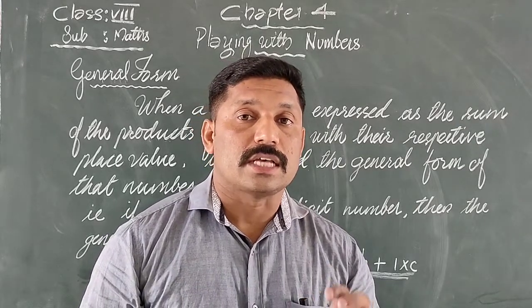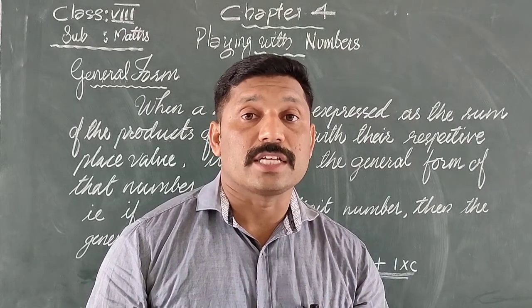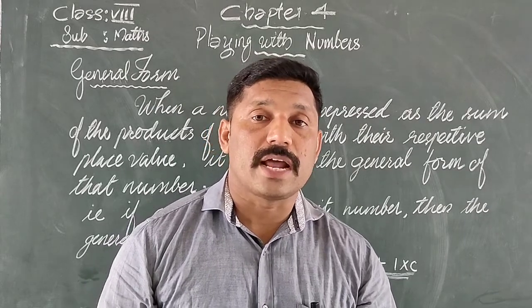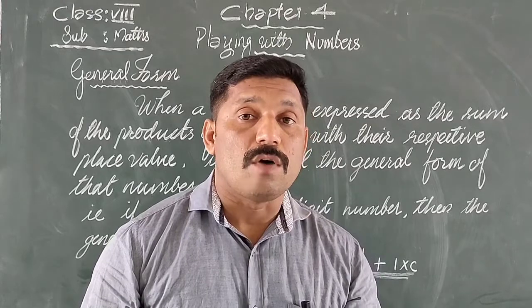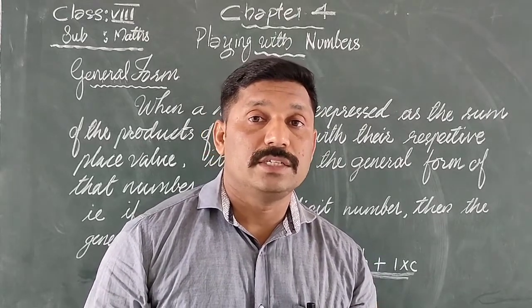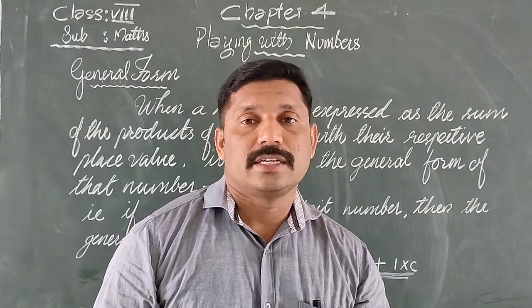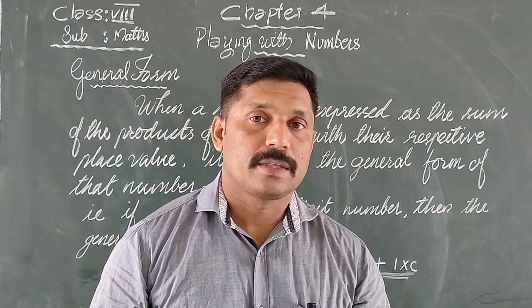If a number is expressed as a sum of the product of its digits with their respective place values, then we say that number is expressed in generalized form.